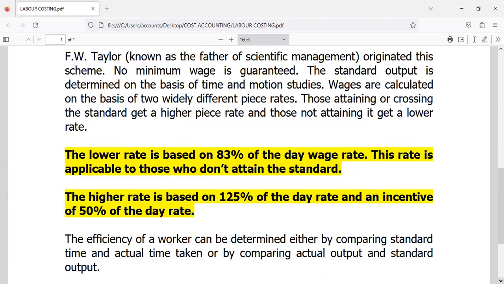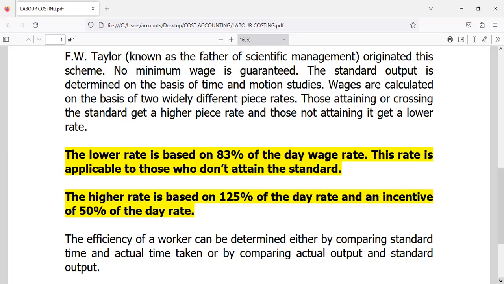Now, Taylor, who is also known as the father of scientific management, originated Taylor's differential piece rate system of accounting for wages. Under this system, no minimum wage is guaranteed.